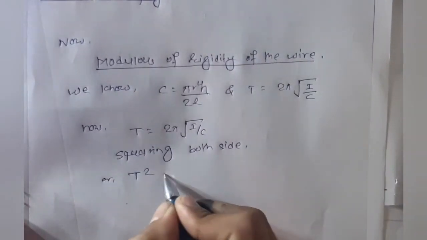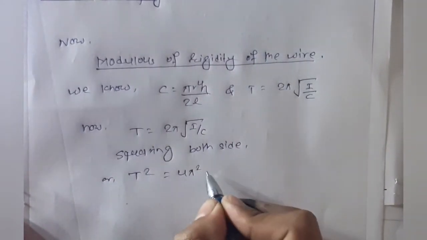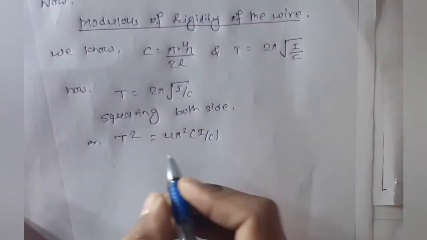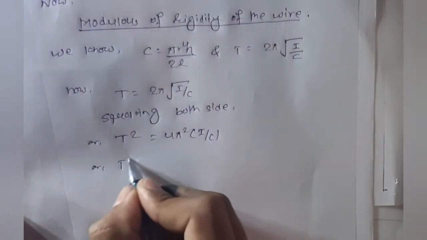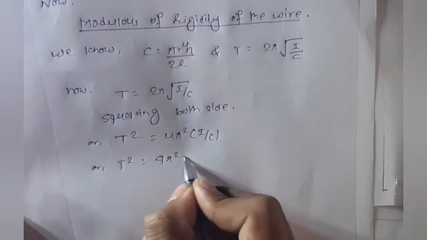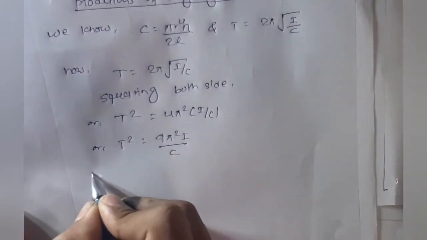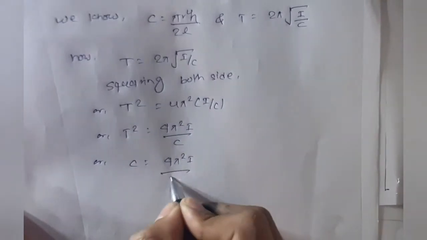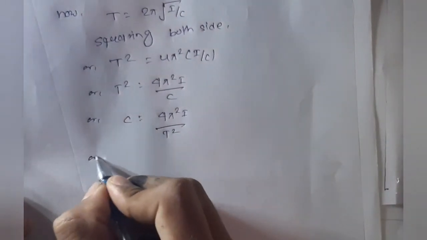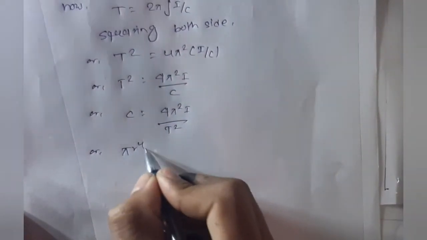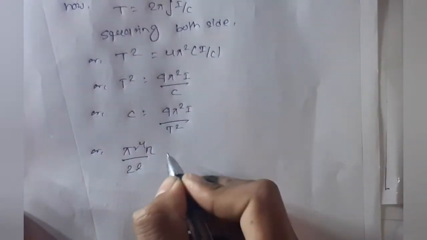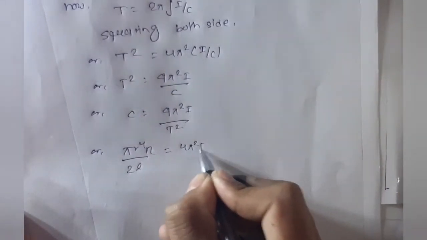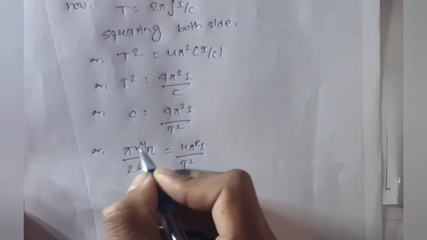T square is equal to 4 pi square I by C, or C is equal to 4 pi square I by T square, or pi r4 eta by 2L is equal to 4 pi square I by T square.